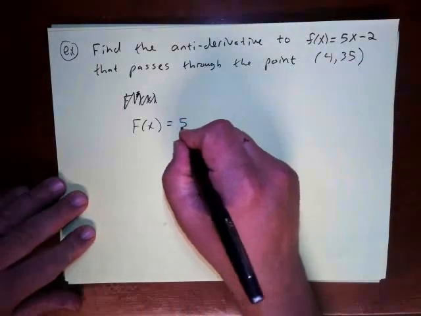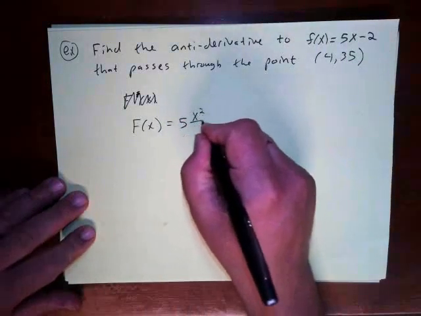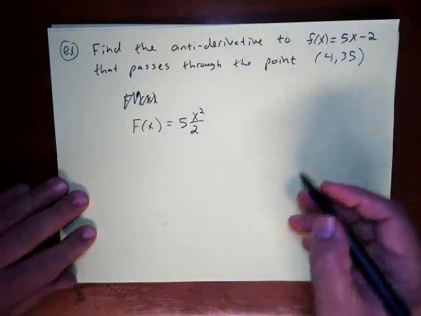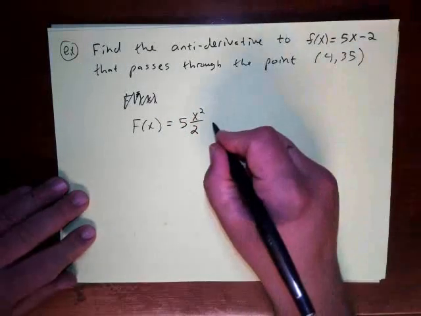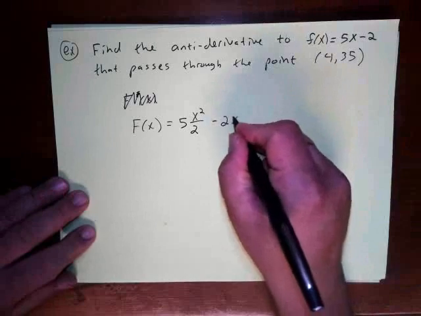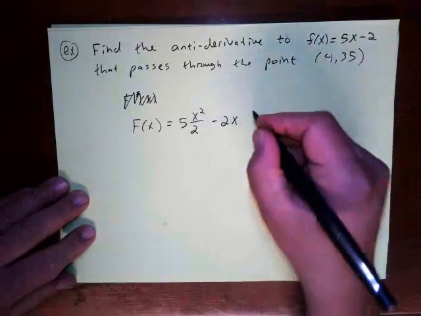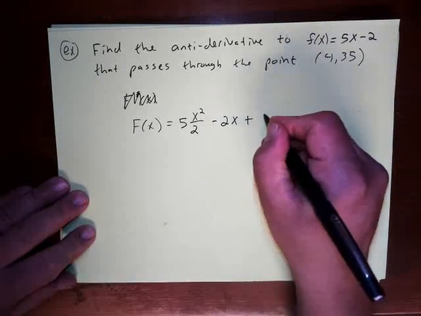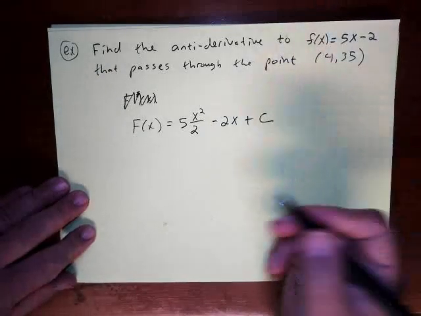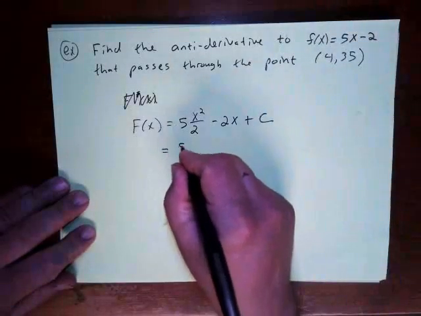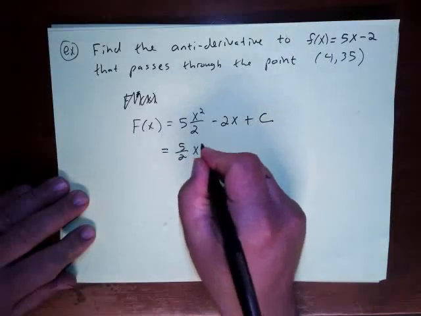So this is a constant multiple. Then I have x squared over 2. That's the power rule for this. And then we have 2x. So the derivative that gives you 2 would be 2x. But we also have a plus c there. Okay, so I could simplify this a little bit and write it like this.